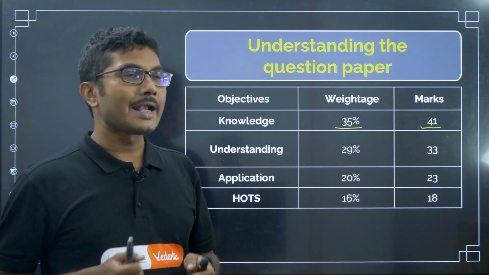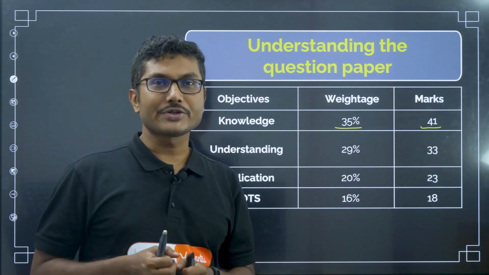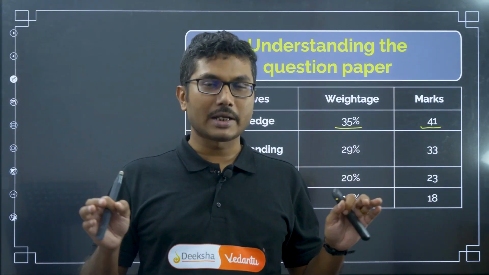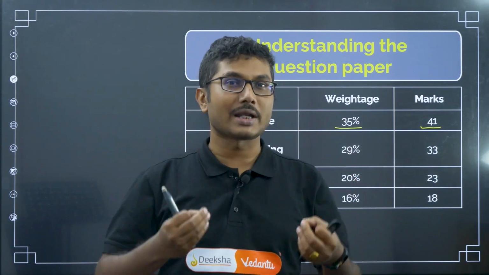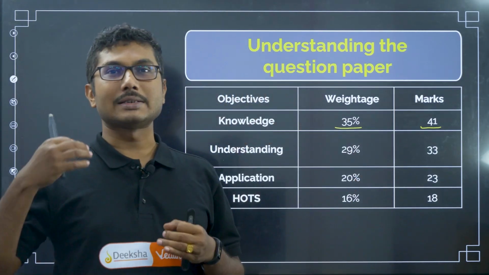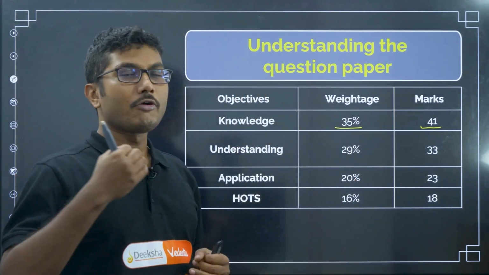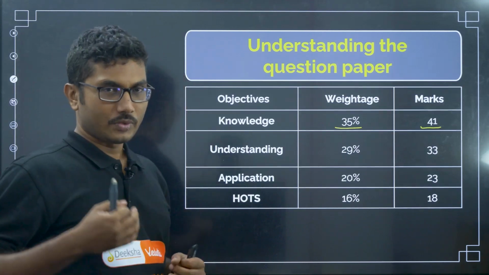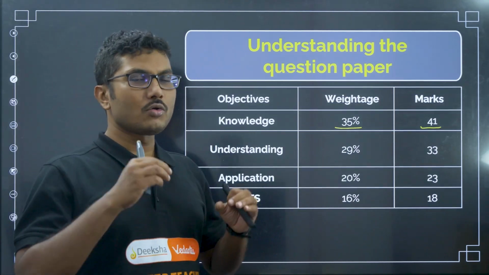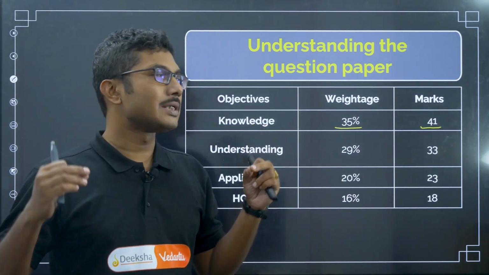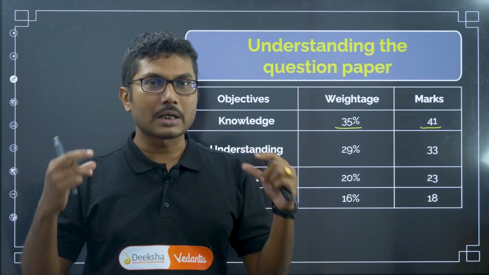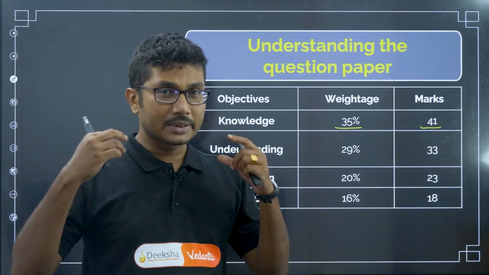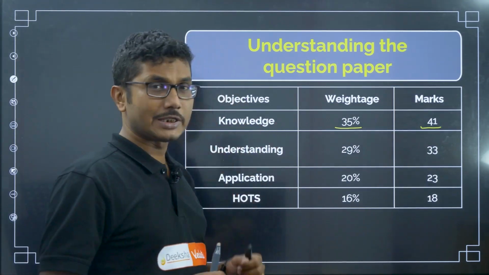Next is the understanding level question. This means you have studied the chapter and completed everything, and you have to understand the concept to answer the questions. For example, take Coulomb's law. Stating Coulomb's law is a memory based or knowledge question, where you have to remember the statement.